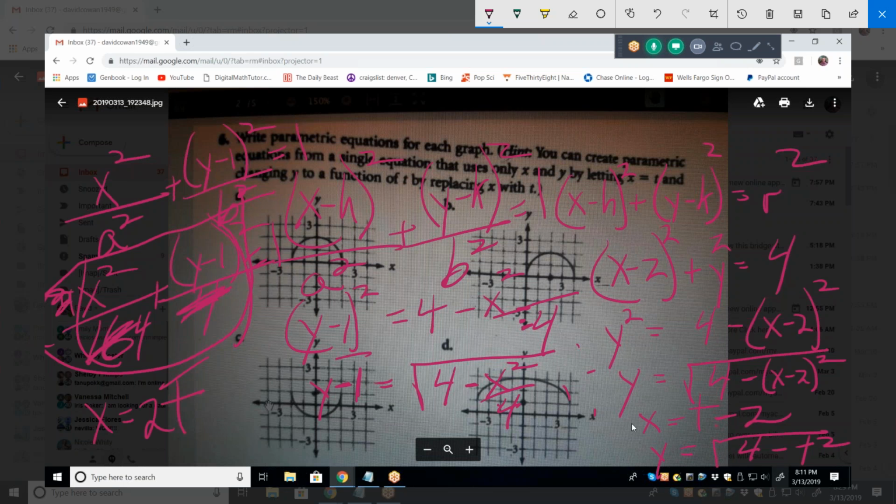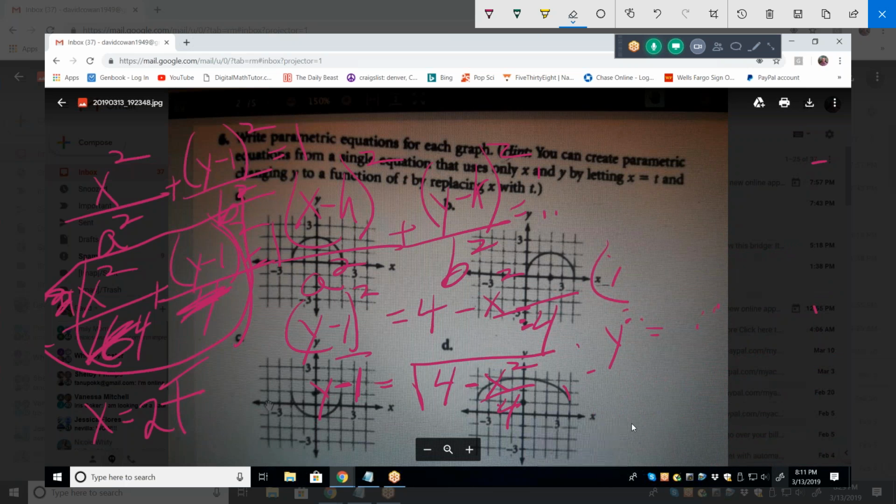now whenever I find x, I'm going to substitute 2t. Let me create some room over here to write. You can usually figure out why they let x equal 2t, because it's going to make y look a little prettier.